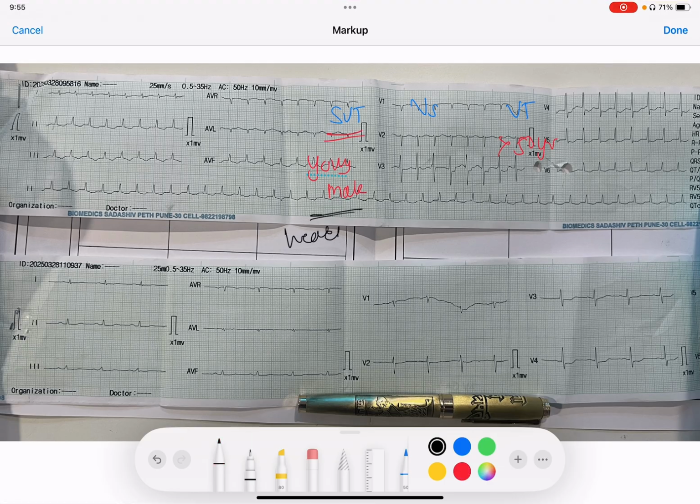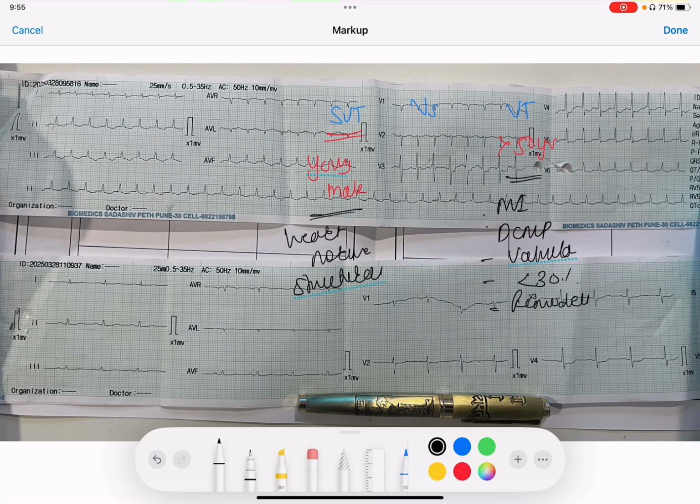In SVT the heart almost always remains structurally normal, whereas VT is extremely common in patients who have multiple infarcts, myocardial infarction, dilated cardiomyopathy, valvular lesions, a reduced ejection fraction of less than 30%, a remodeled heart, or significant ischemic heart disease, very commonly in patients post myocardial infarction.